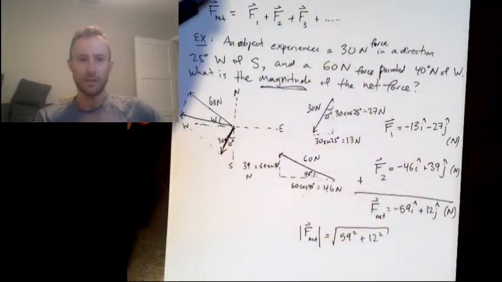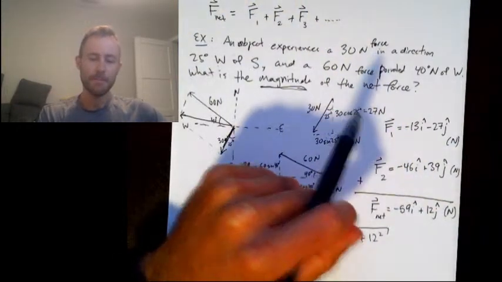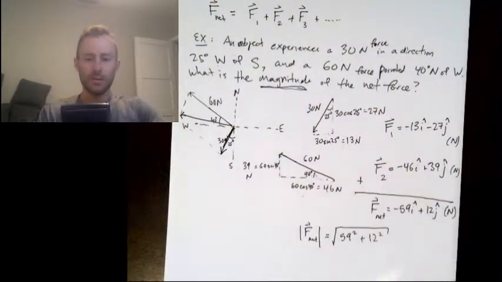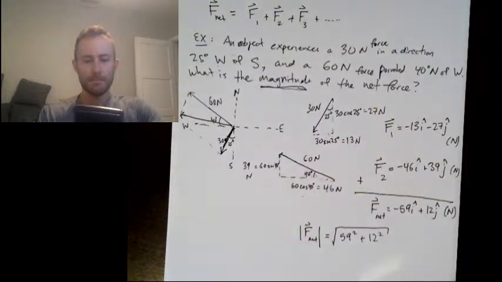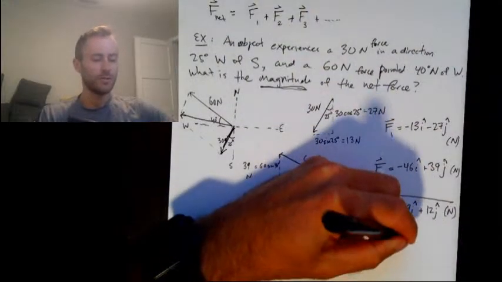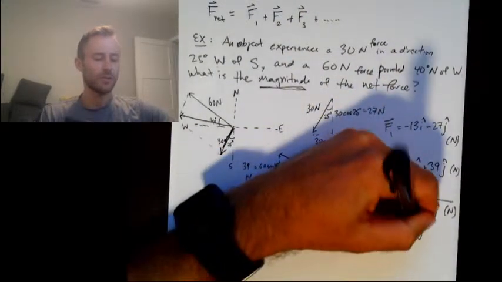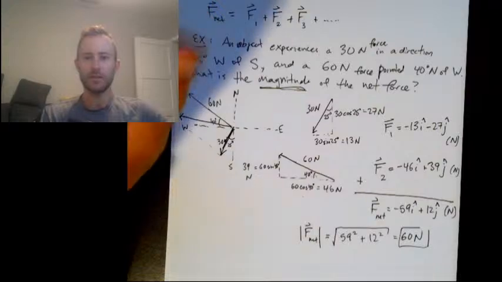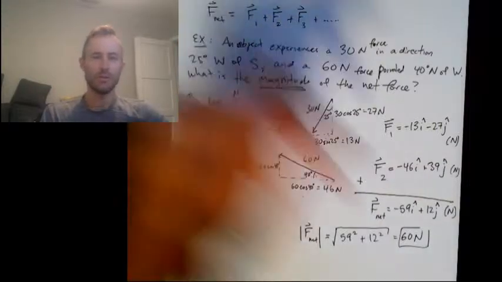The minus sign gets squared away. So I plug this into my calculator here. And I get about 60 newtons. So that's our answer. The magnitude of the net force in this case is about 60 newtons.